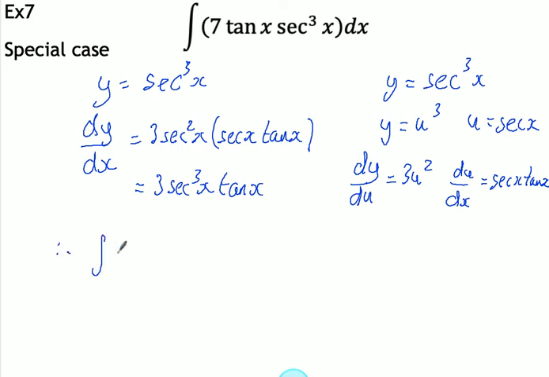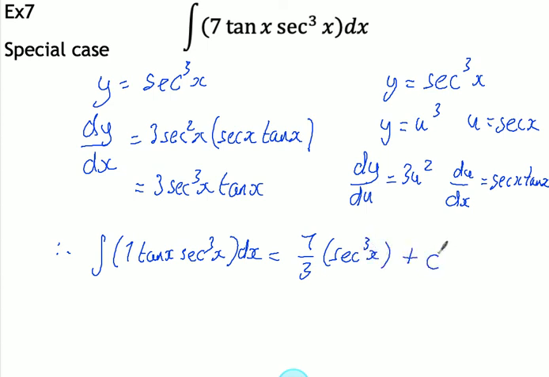So therefore the integral of 7 tan x sec cubed x with respect to x must be 7/3 of sec cubed x plus c.